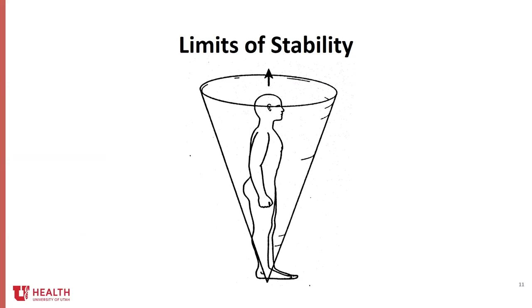This is because we generally resemble an inverted pendulum, where our center of mass can be positioned somewhere within this cone of stability. So we can basically oscillate around this area where we are going to be stable. In most cases, this cone of stability is about 8 degrees in the forward direction and 4 degrees in the backward direction.